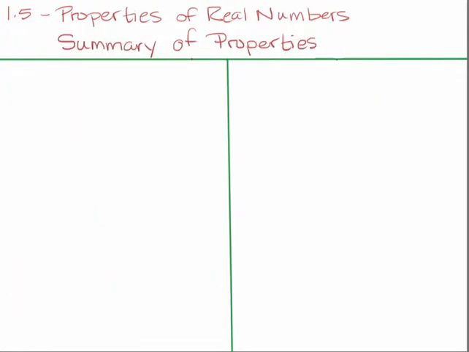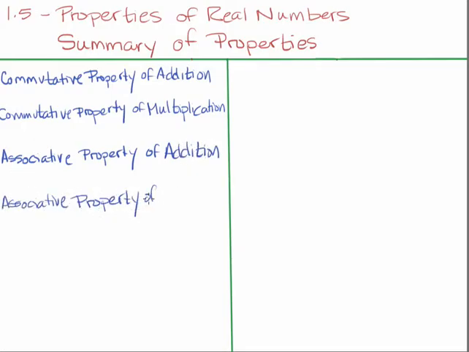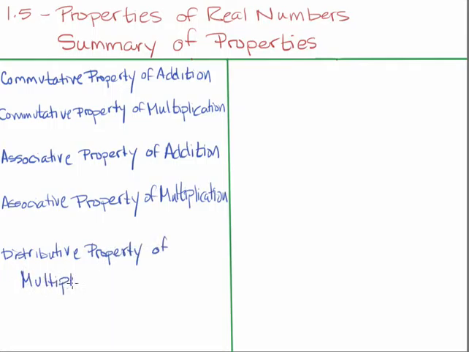Let's summarize a little bit before we go on. So far, we've talked about the commutative properties of addition and multiplication, the associative properties of addition and multiplication, and the distributive property of multiplication over addition.